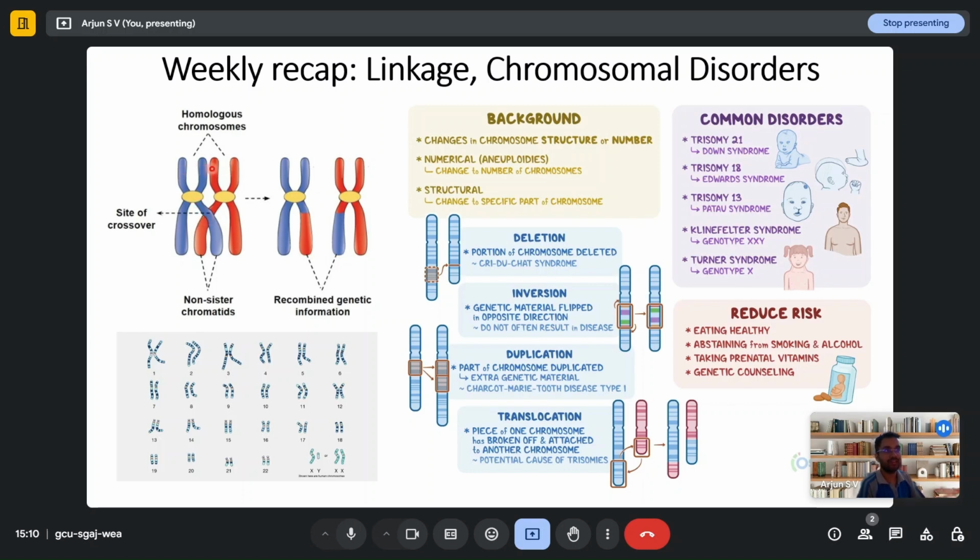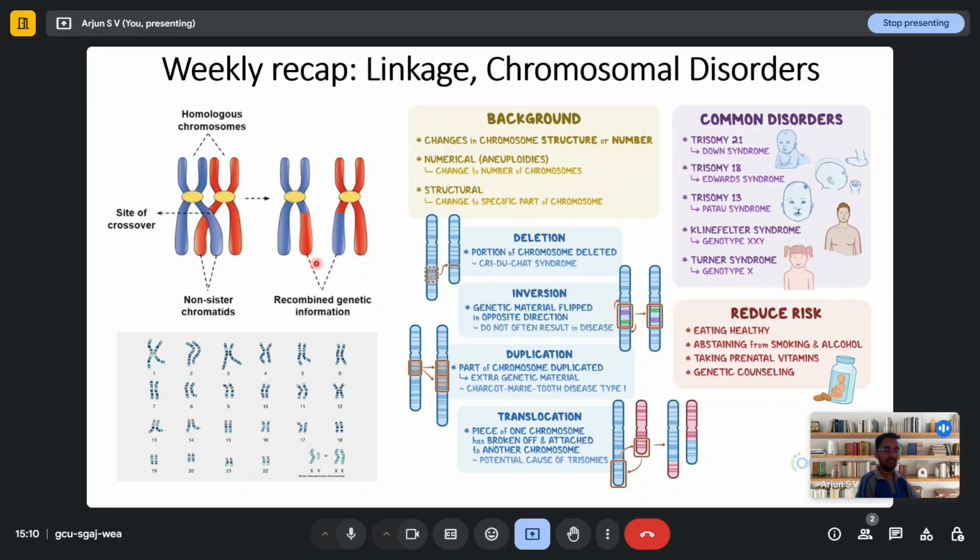So both the father and the mother have different homologous chromosomes, and as a result of this crossing over, nucleotides from this chromosome can switch over to this chromosome and vice versa. So as a result, we get this recombinant genetic information, which results in the production of recombinants.